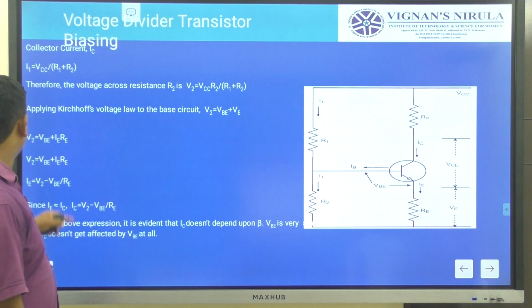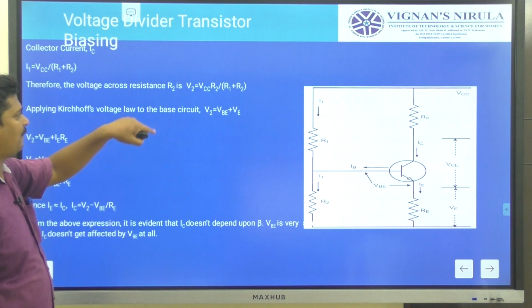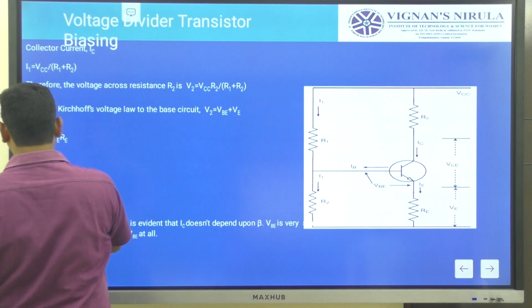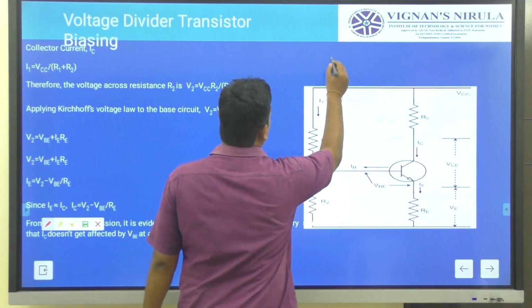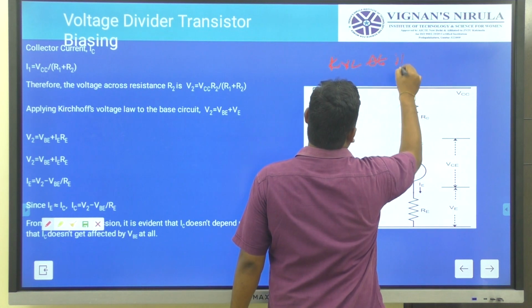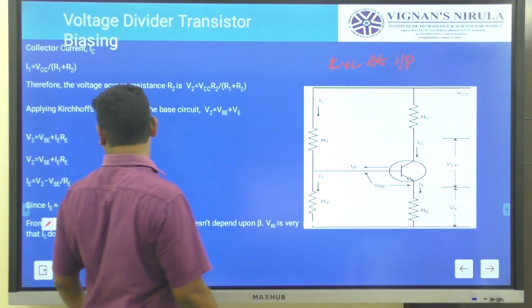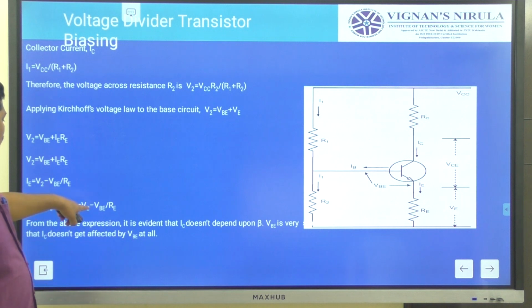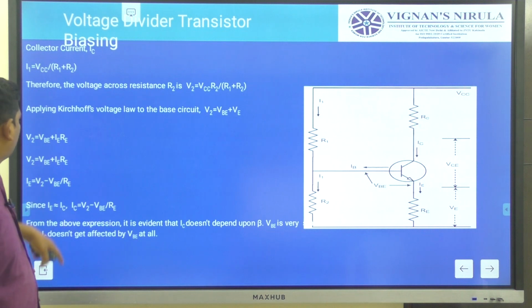Applying KVL at the input side, we will get the value of IC equal to V2 minus VBE by RE, and the emitter current IE equal to V2 minus VBE by RE.